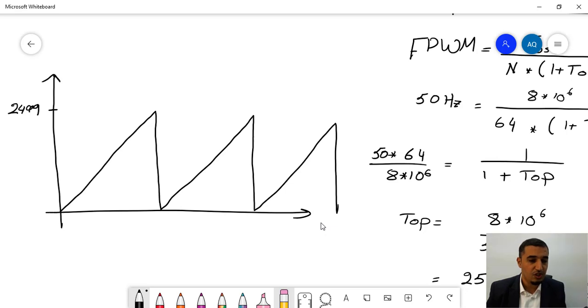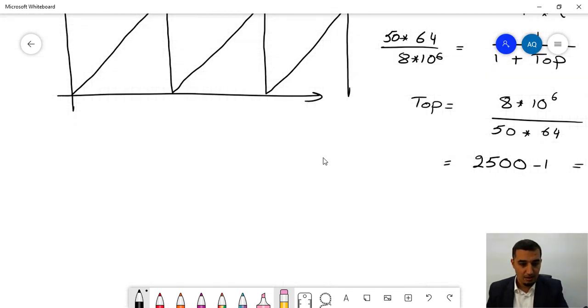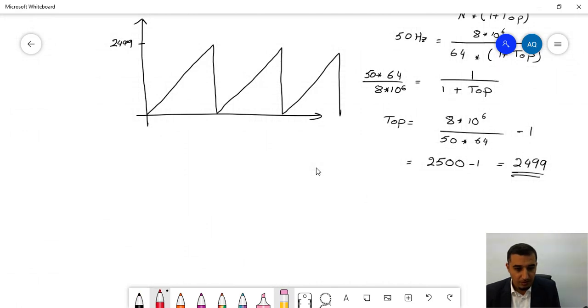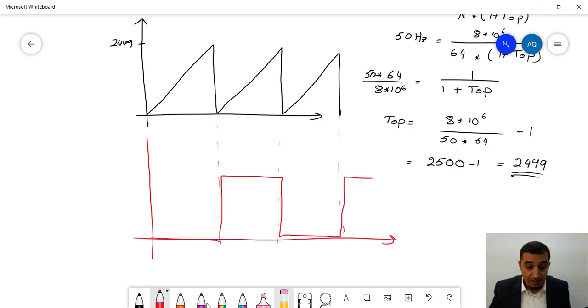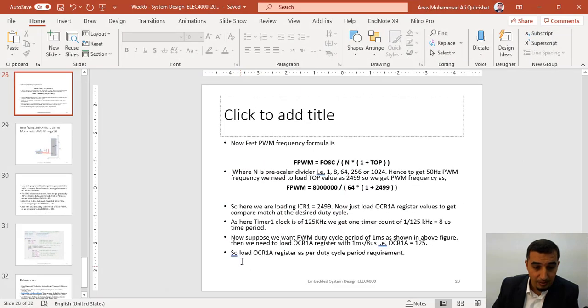In order to generate the duty cycle, I need to flip the signal inside here, because as it is, my output will be looking something like this. Now, the next step is to find the value that I need to put here to satisfy my duty cycle. In order to do that, let's continue with the example.